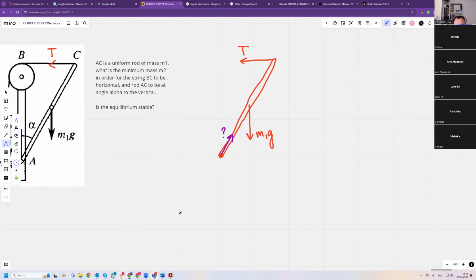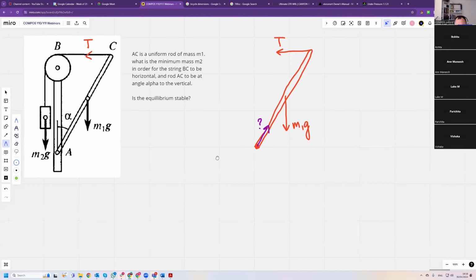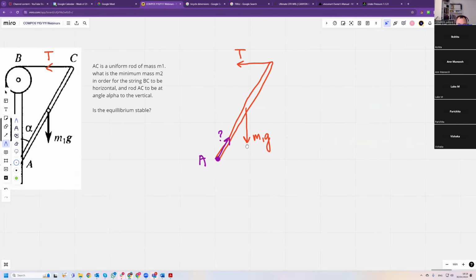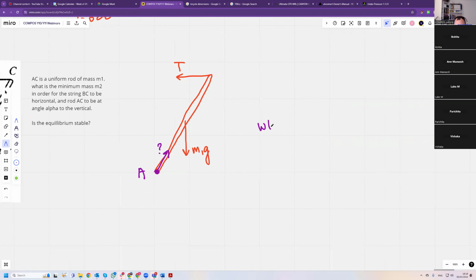But the beautiful thing about this system is that we can apply the principle of moments. Take the moments about point A. Taking moments, what are the moments about point A?